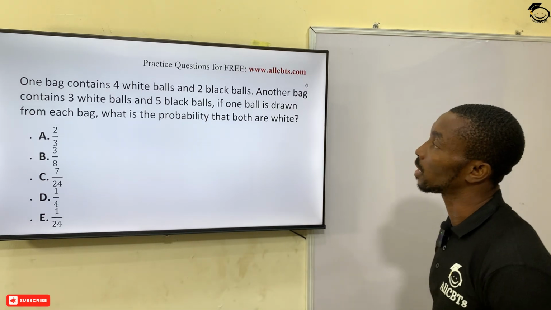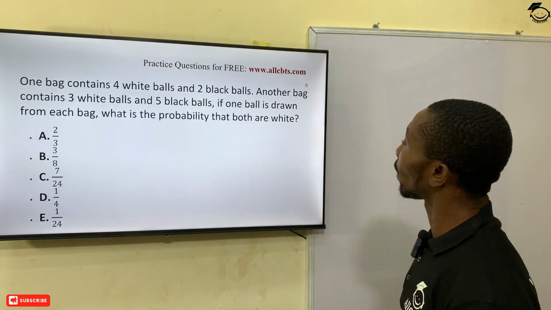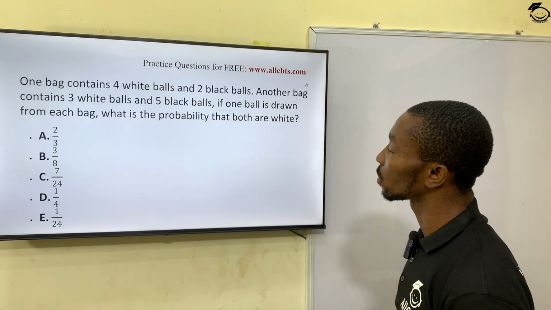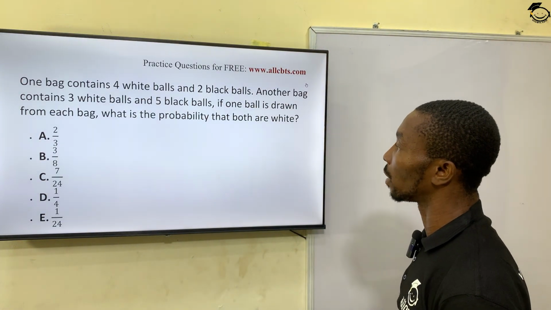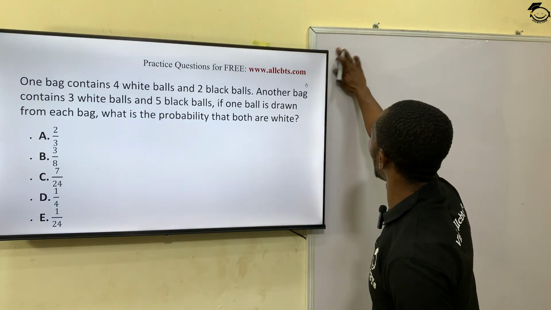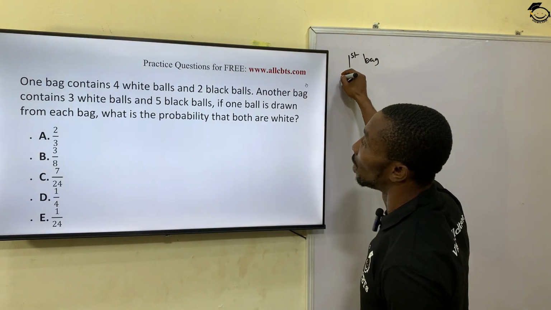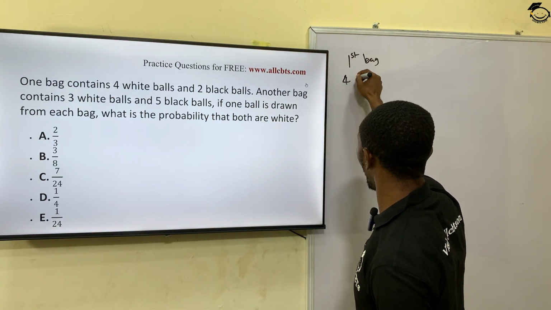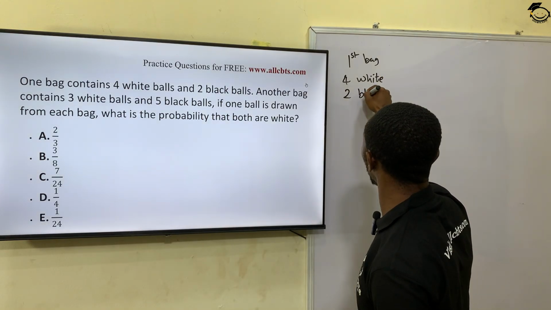One bag contains 4 white balls and 2 black balls. Another bag contains 3 white balls and 5 black balls. If one ball is drawn from each bag, what is the probability that both are white? Now, we have the first bag, 4 white and 2 black.